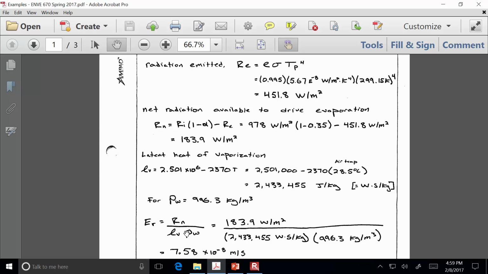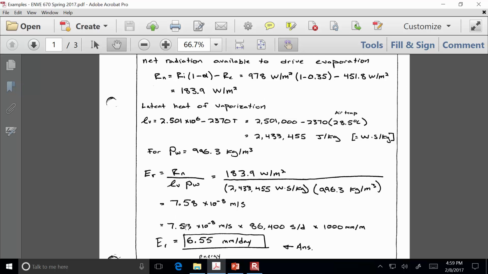We can just substitute that now into the formula for E sub R. You'll notice I put the units in each of the steps. Joules per kilogram is the same as a watt-second per kilogram.